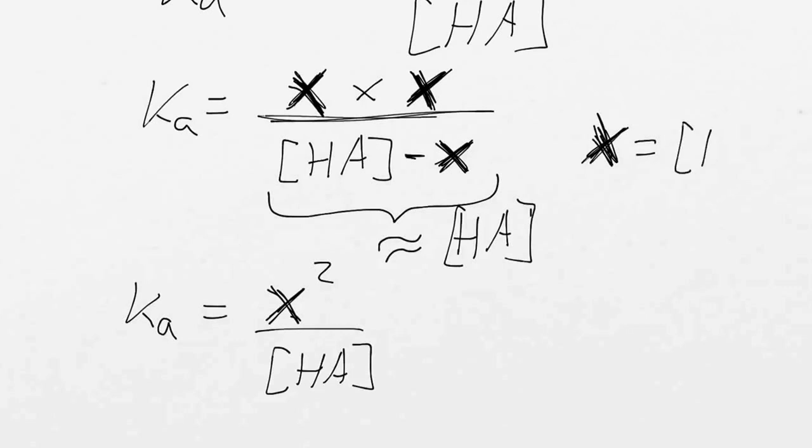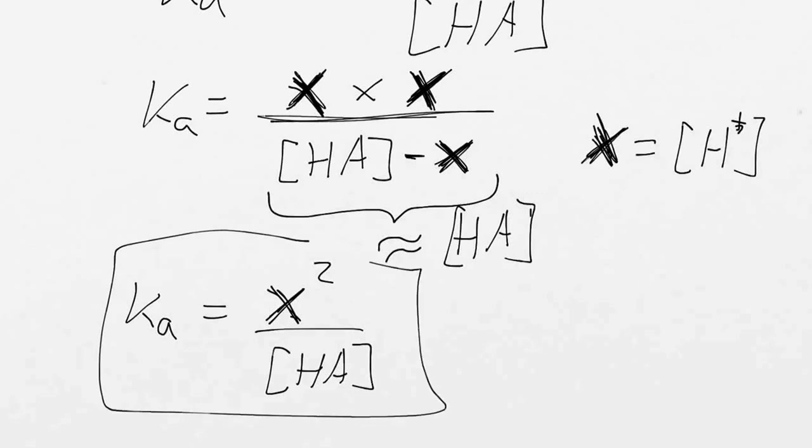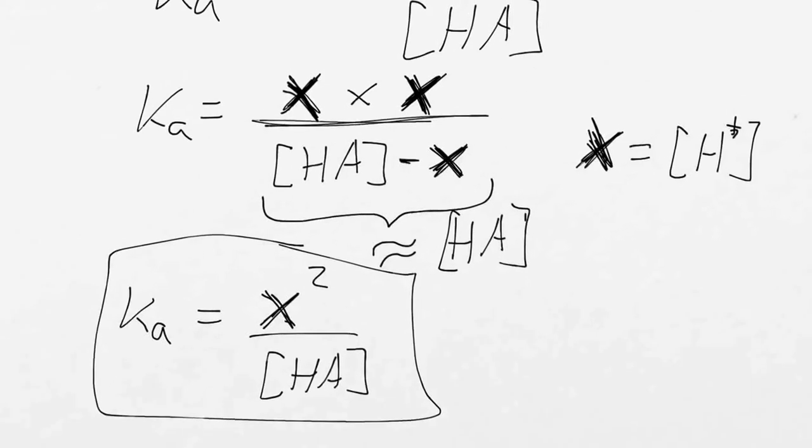X equals the proton concentration. If we had the X, we could very easily calculate the pH. So we have to solve this equation here for X. Okay?